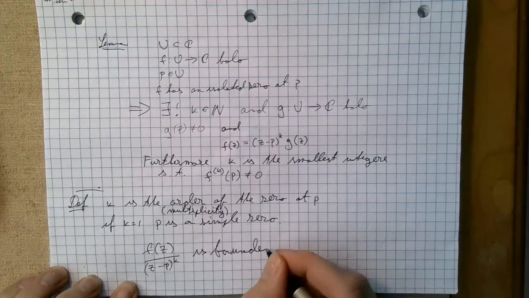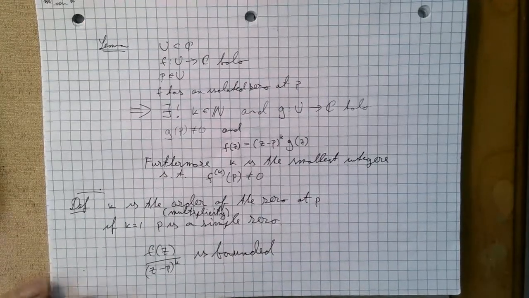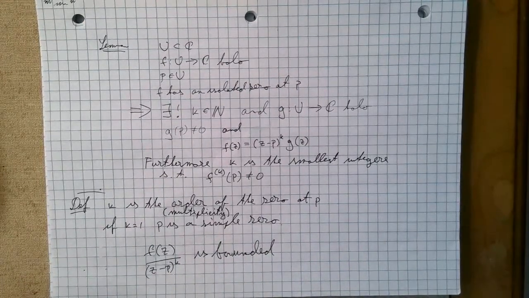Well, it's really the highest k that makes this bounded. Of course, if I make k lower, like 0, then it is bounded, right? So it's the highest k that makes this bounded. That's another way of thinking about what the order is. Basically, it's how quickly f goes to 0.